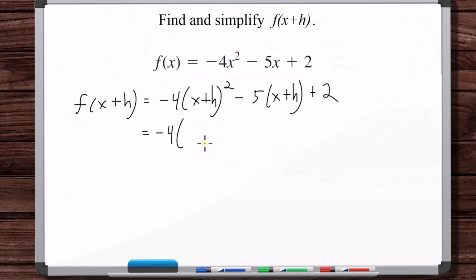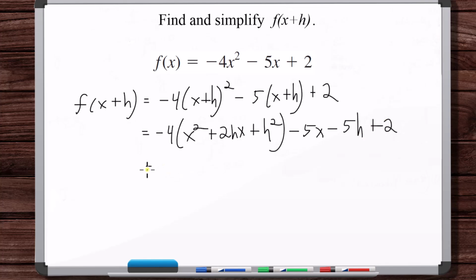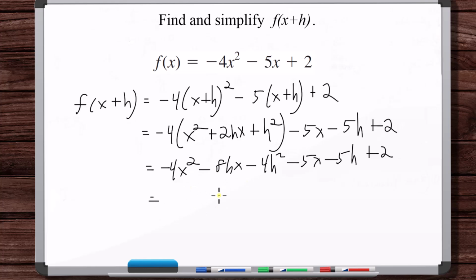So we've got minus 4 times x squared plus hx plus hx plus h squared minus 5x minus 5h plus 2, okay, minus 4x squared minus 8hx minus 4h squared minus 5x minus 5h plus 2. Okay, so let's see. We've got minus 4x squared minus 4h squared. And let's just do minus 8hx minus 5x minus 5h plus 2.